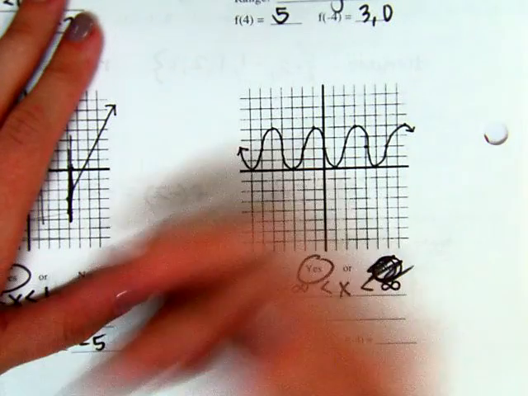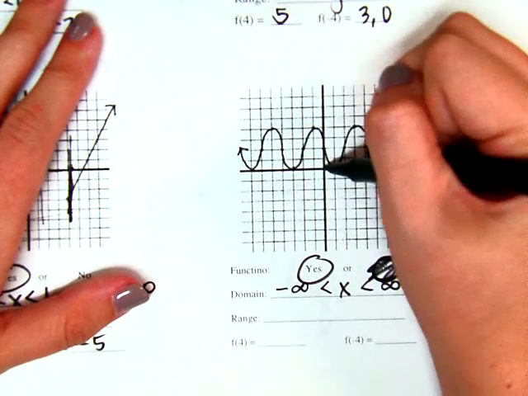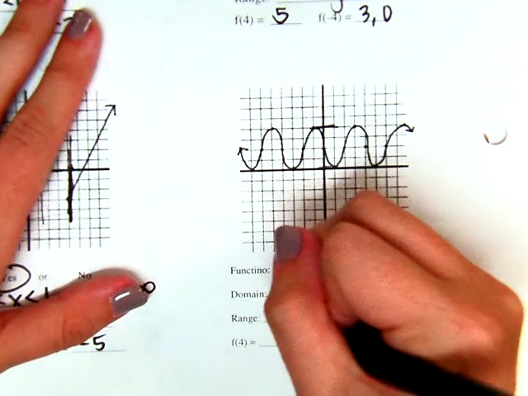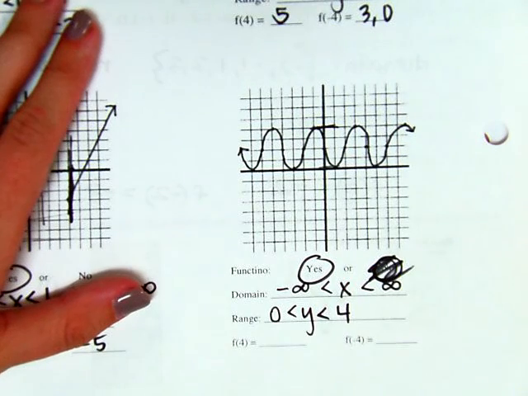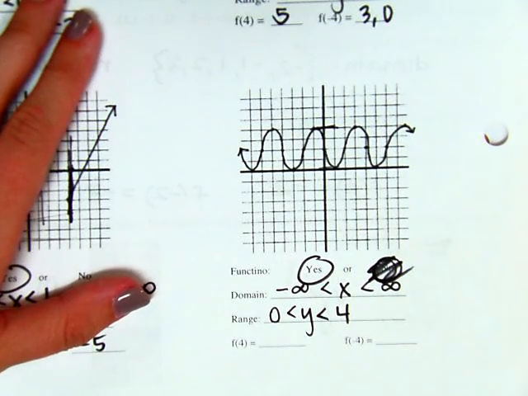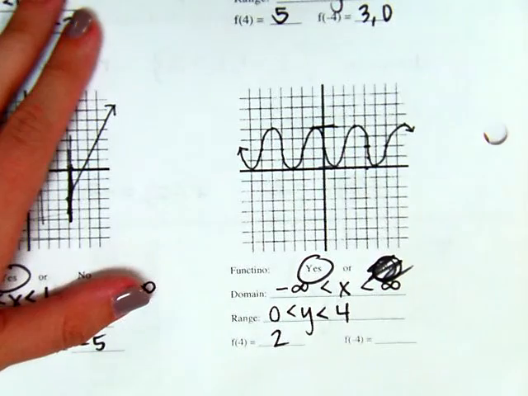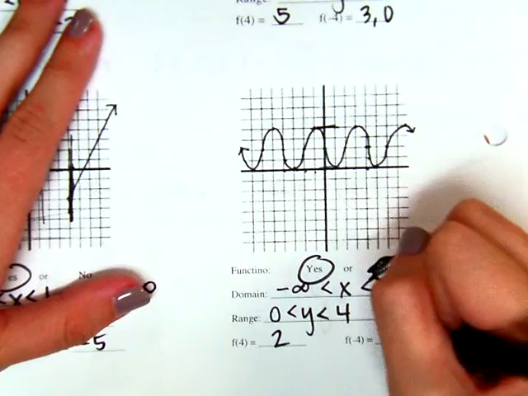And my y's, looks like this is a pattern that's going to continue, so it only goes from 0 until 4, and that's it. F of 4, I'm at 2, it looks like. Negative 4, I'm at 1.